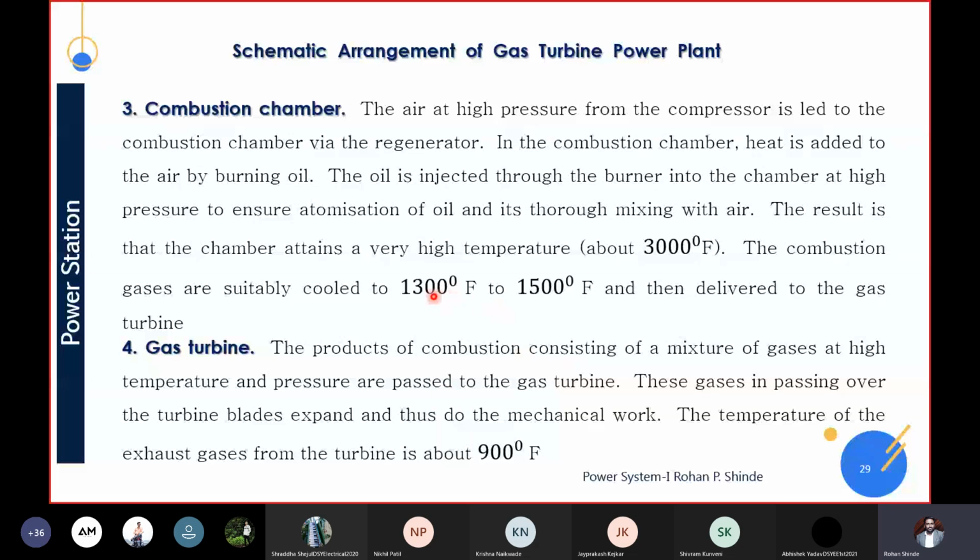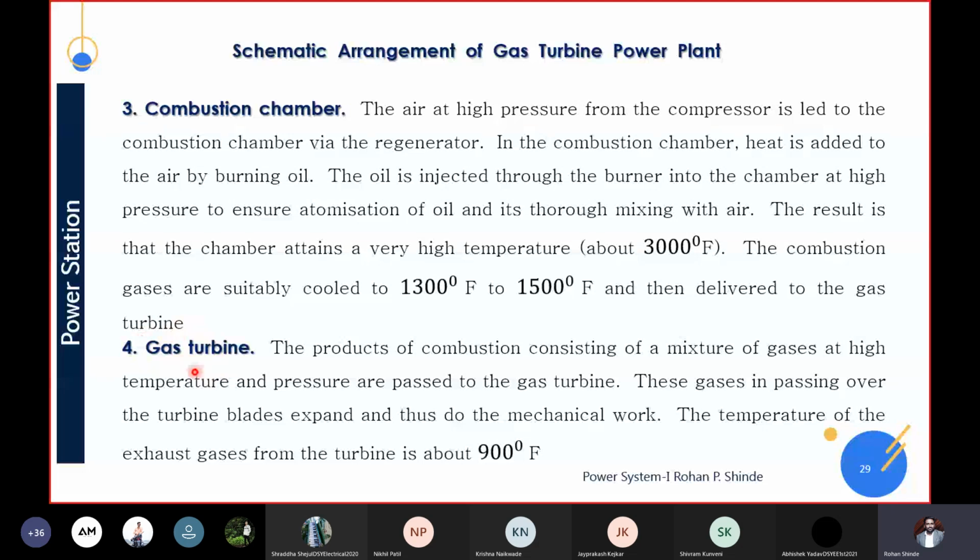Now see here, the combustion chamber will provide 1500 degrees Fahrenheit temperature to the air. Now this 1500 degree Fahrenheit air will be moved towards the gas turbine. This high pressure and high temperature air will be utilized by the gas turbine to start rotation.